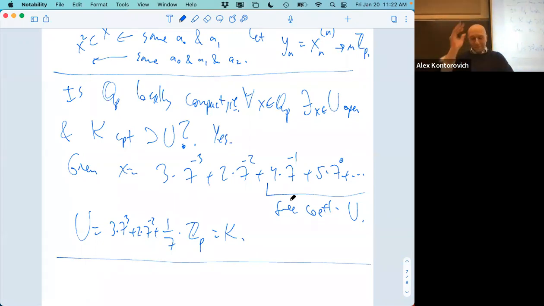For the people who know this stuff, certainly they're trivialities, but if you just think about this, the way I see this written in books hides how simple it is. You just have these power series in p.